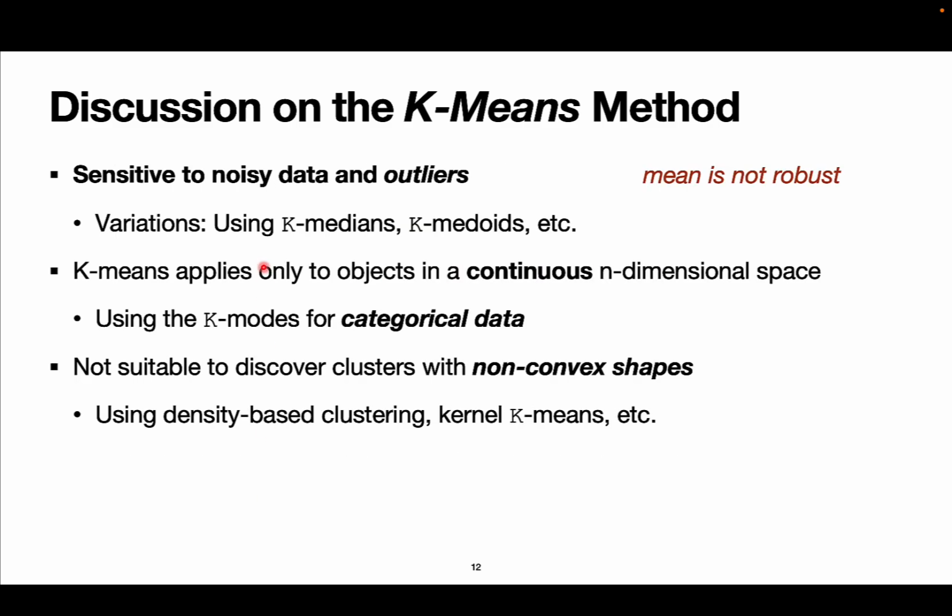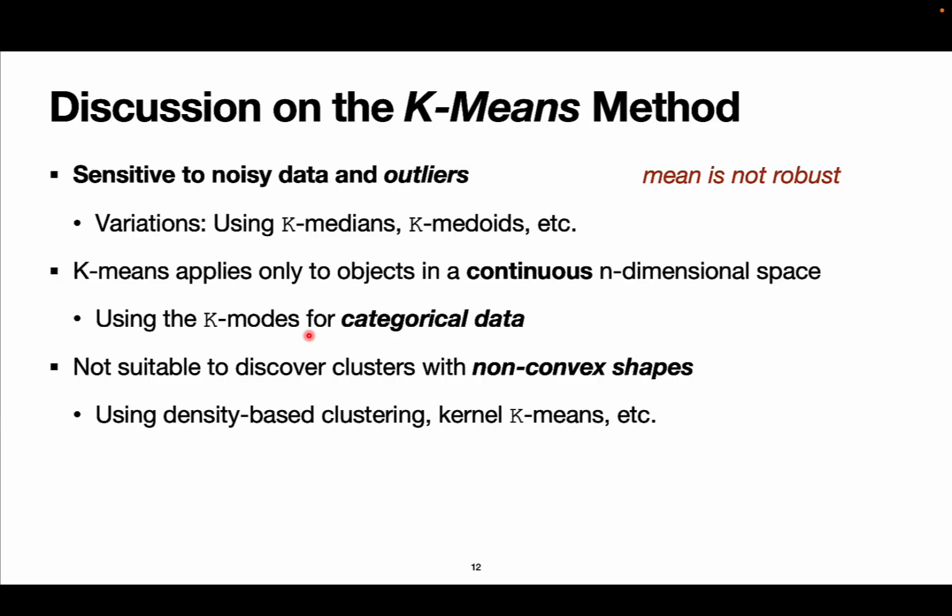K-means is also sensitive to noisy data and outliers because the algorithm computes the mean of the points. It only takes one extreme data point to pull the centroid away. To handle that, there are more robust versions like k-medians or k-medoids, where the cluster center is based on medians instead of means. Another limitation is that k-means works only for continuous numerical data. That's because it relies on computing distances like Euclidean distance or Manhattan distance.